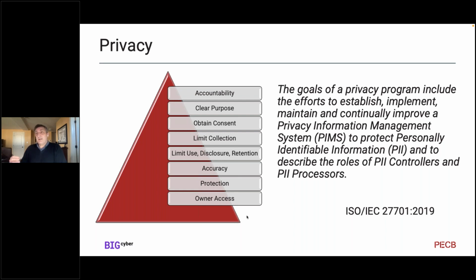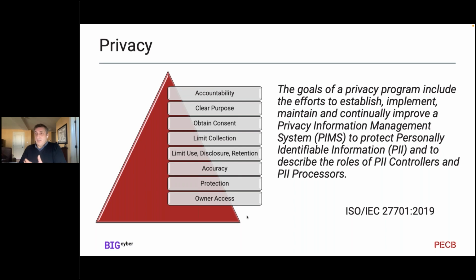So understanding that, and this goes back to the CIA Triad as well, making sure you understand the purpose for collecting information is important. If you're going to be retaining it or using it in any other way, you have to make sure that you're clear to your clients, to your consumers, and to anybody's personal data you're collecting, why you're collecting it and what it's going to be used for.